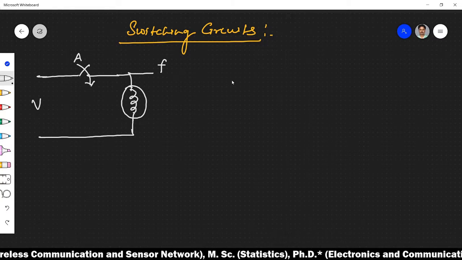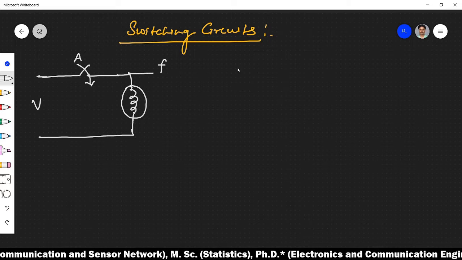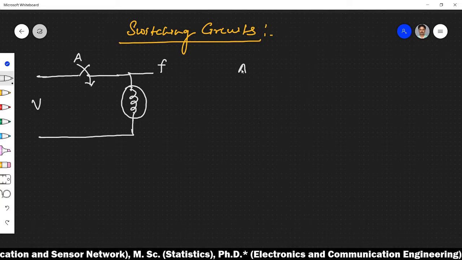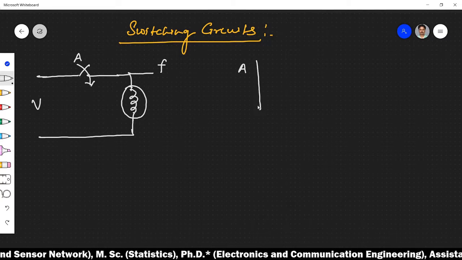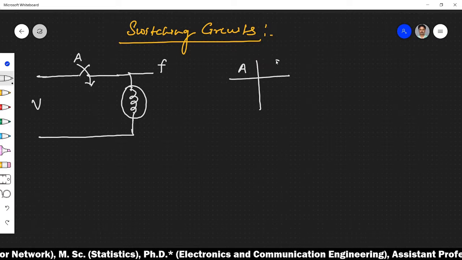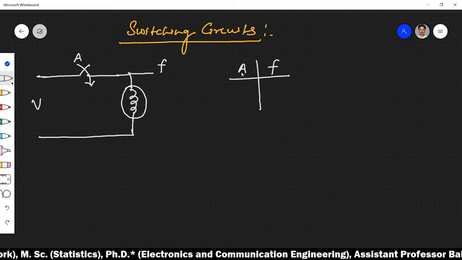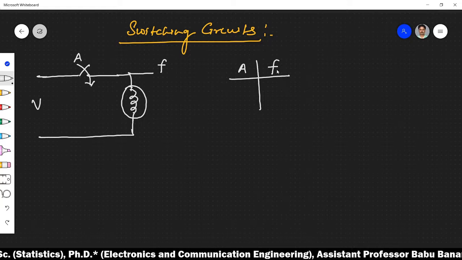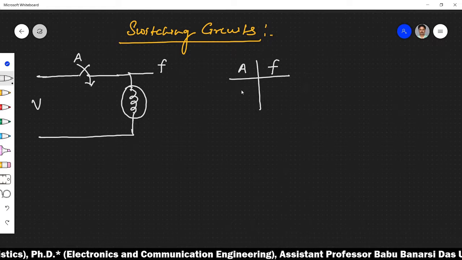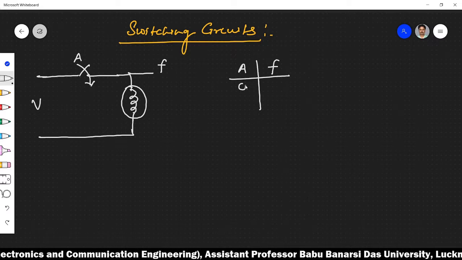So let me take this entire operation in one small table. Let me take A as the input and F as the output function. For example, when switch A is open, then we can say A is 0.